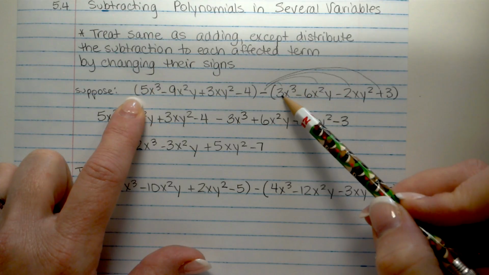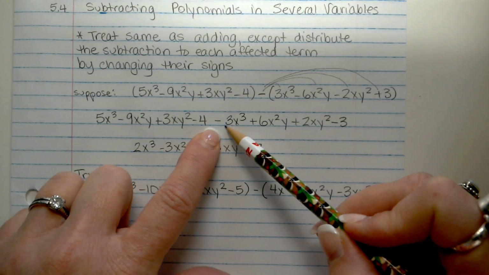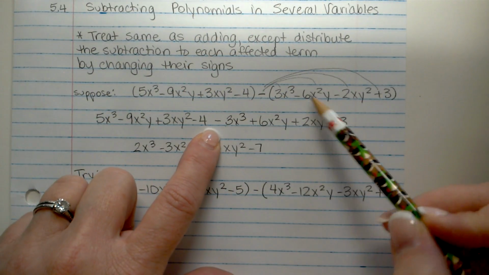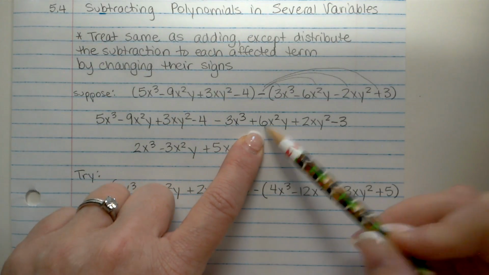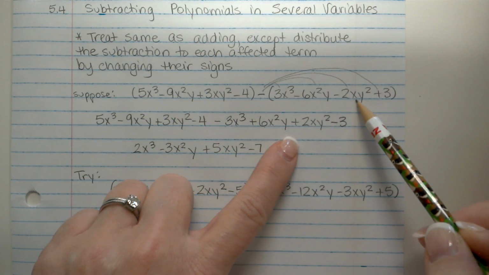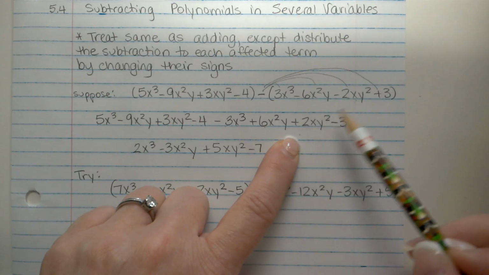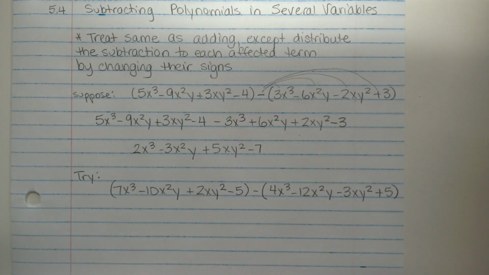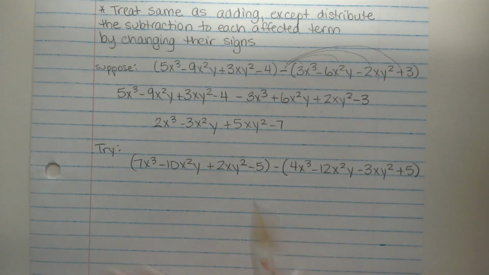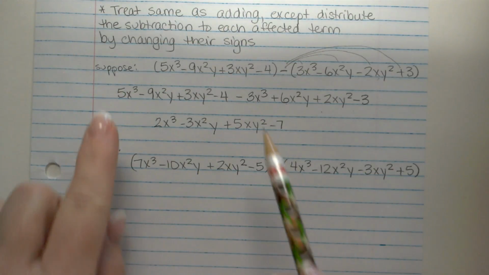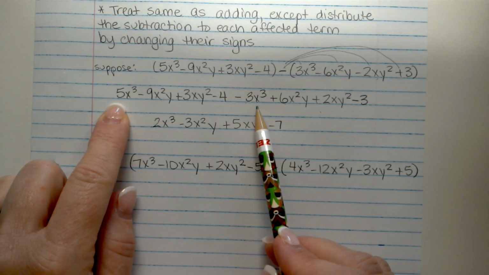So this positive 3x cubed gets changed to negative. This negative 6x squared y gets changed to positive. The negative 2xy squared gets changed to positive, and the positive 3 gets changed to negative. This helps us visualize in our mind what's going on. So now I can talk about combining like terms.